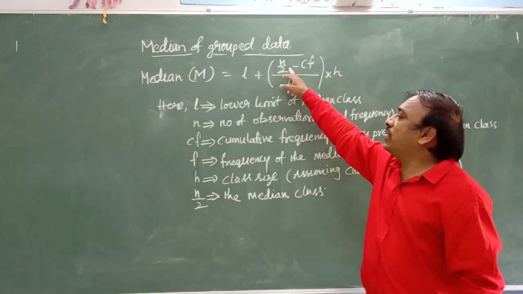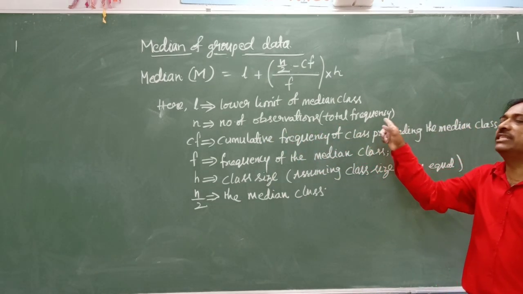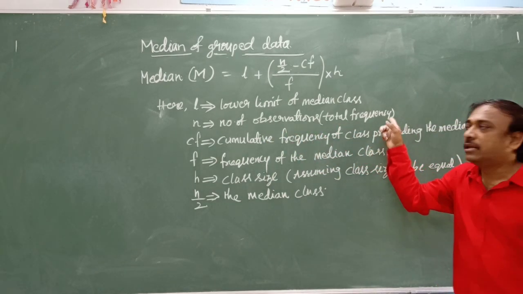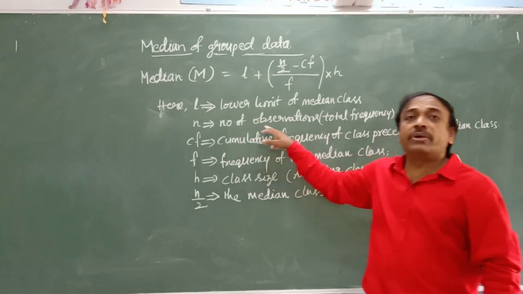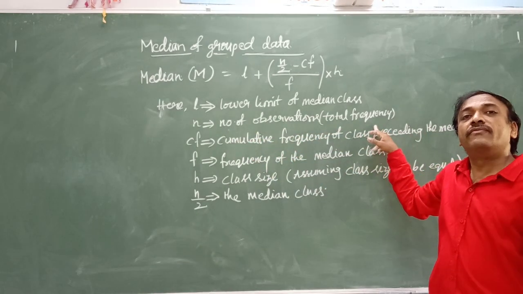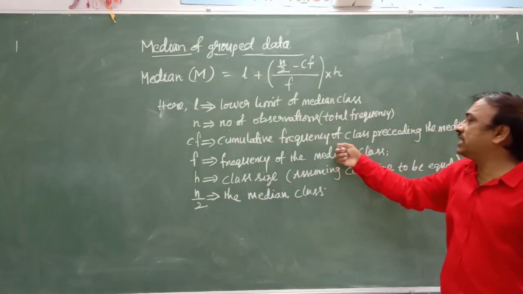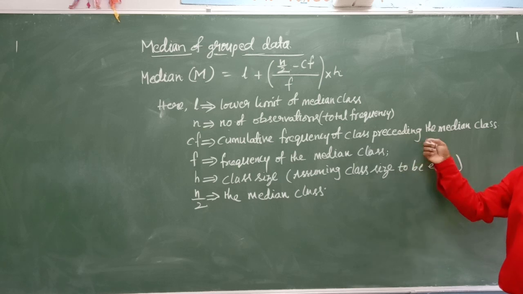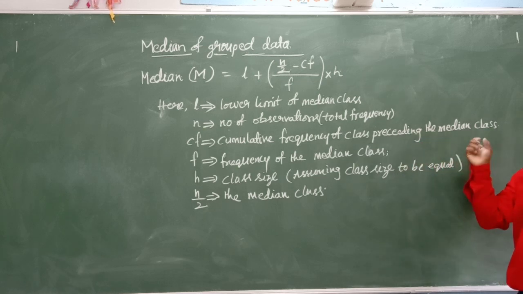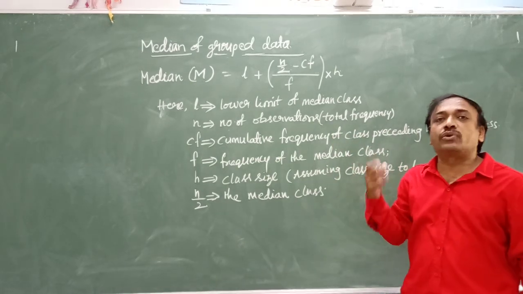N is nothing but the number of observations, which in other terms we call total frequency. Then Cf is the cumulative frequency of the class preceding the median class.